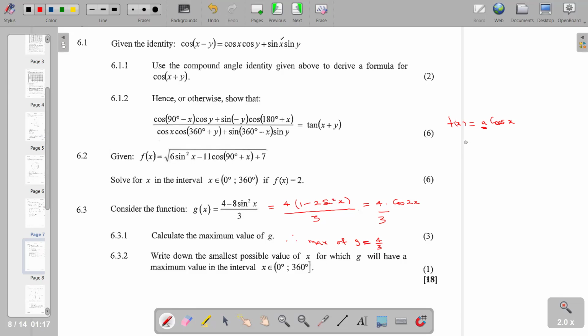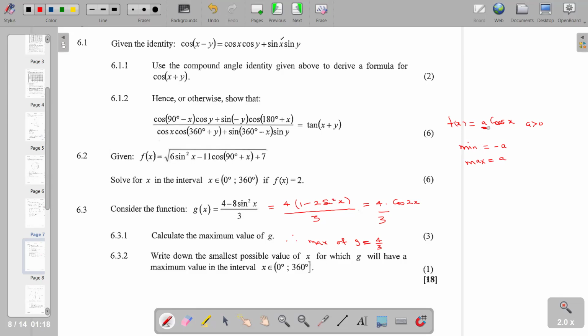It means if we are given this, the minimum was going to be equal to negative a, and the maximum was going to be equal to positive a. That is, if that a given there was greater than 0.